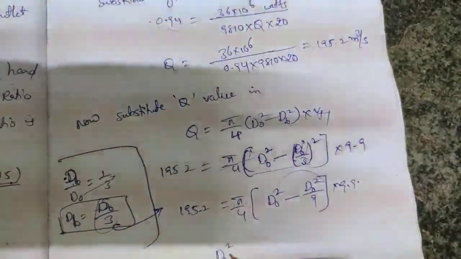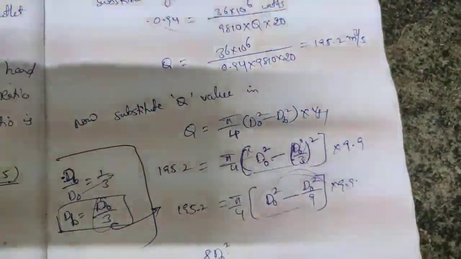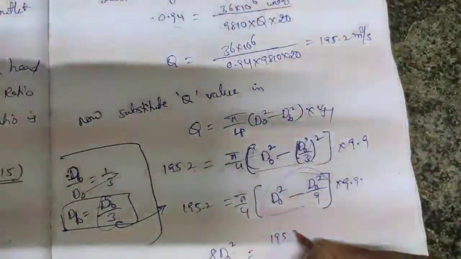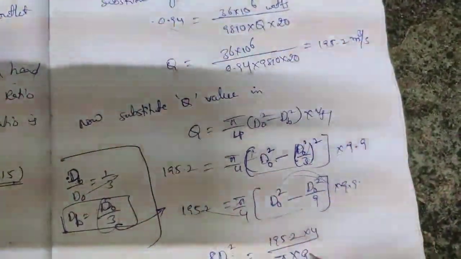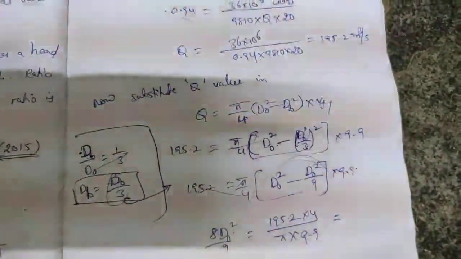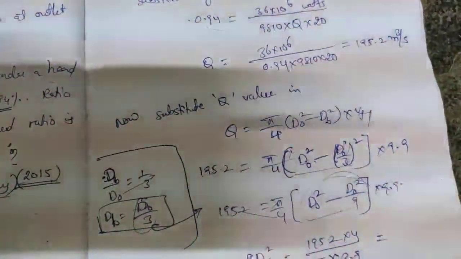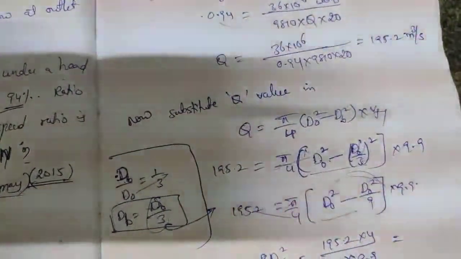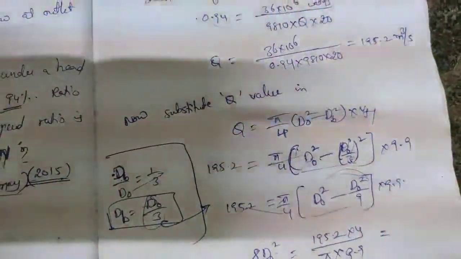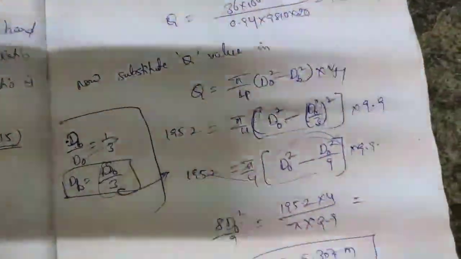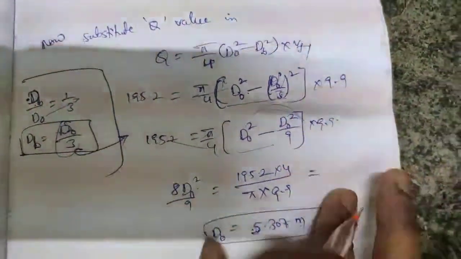By taking LCM, 9 d naught square minus d naught square, 8 d naught square by 9, equal to 195.2 into 4, with pi and 9.9 in the denominator. So the d naught value is 5.307 meters.